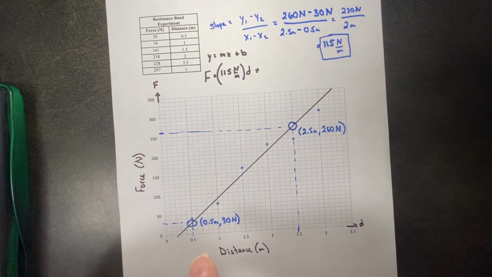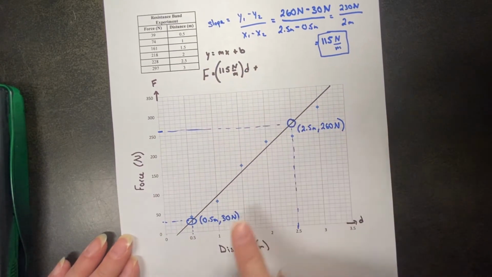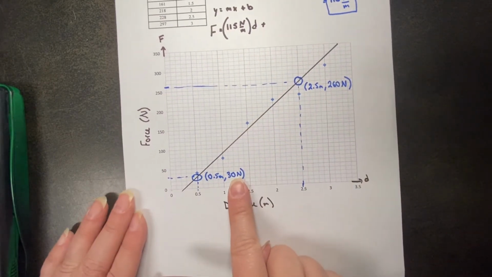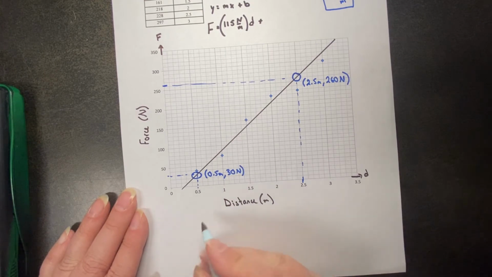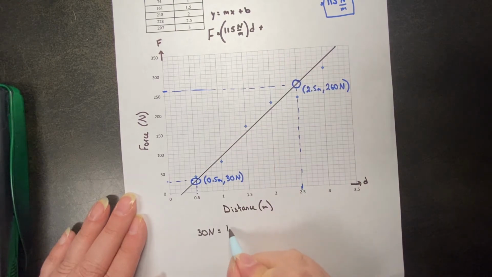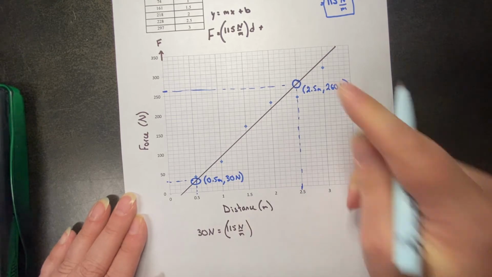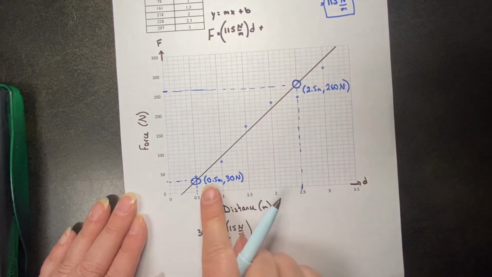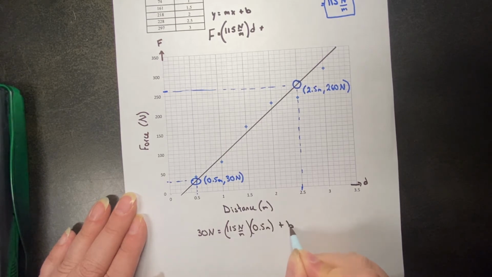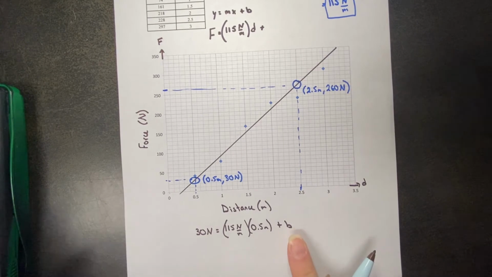So to do that, I will use this equation and I'll use one of my coordinates. So instead of y, I'll use the y coordinate piece, 30 newtons, equals the slope, 115 newtons per meter, and then the x, 0.5 meters, plus b, and my goal is to calculate that b.